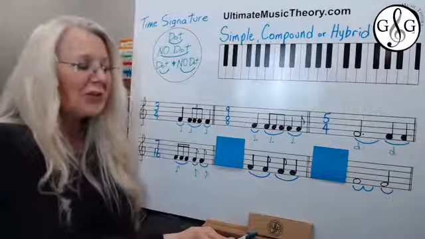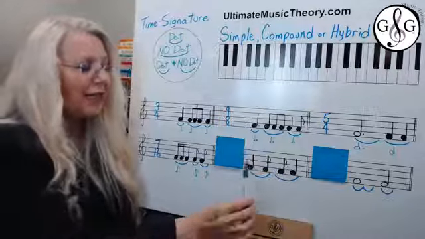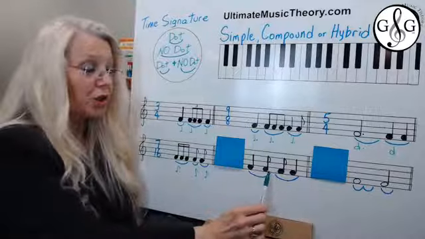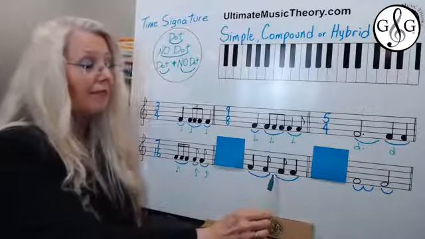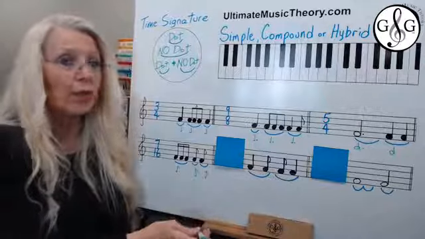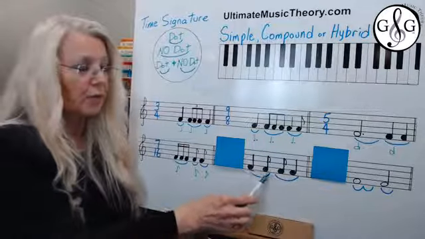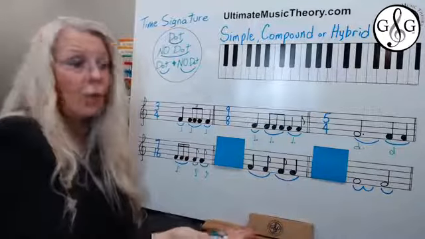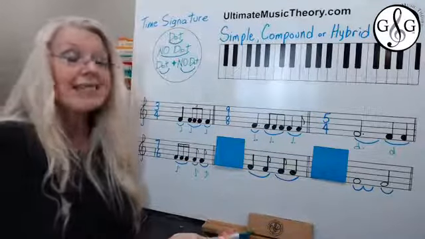Well, if we look at this measure, we have 1 quarter note, then 2 eighth notes, and then another quarter note. So your question might be, well, 1 quarter note, 2 eighth notes equal another quarter note, followed by another. That would be 3 quarter notes, right? Yes, in fact, it would be.